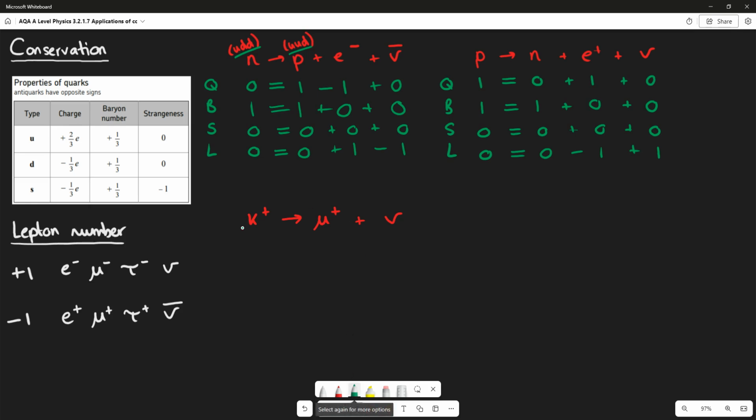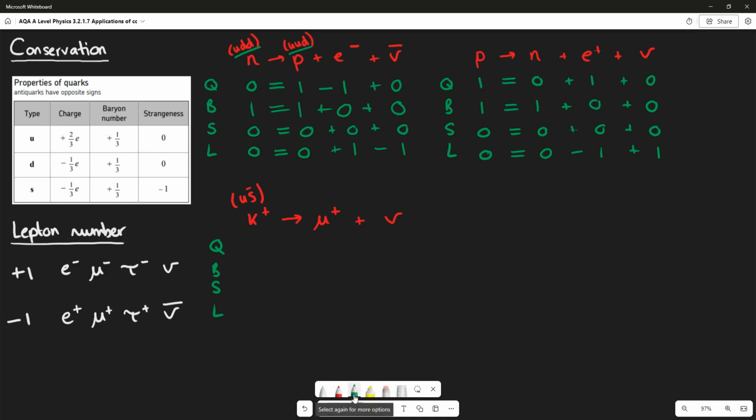Let's check to see if this is actually okay. Let's see if the properties balance. So we've got charge, baryon number, strangeness, and lepton number. So the positive kaon is composed of an up and an anti-strange, and then we've got 2 leptons over here.